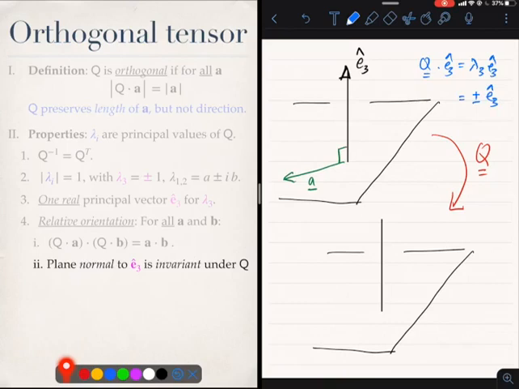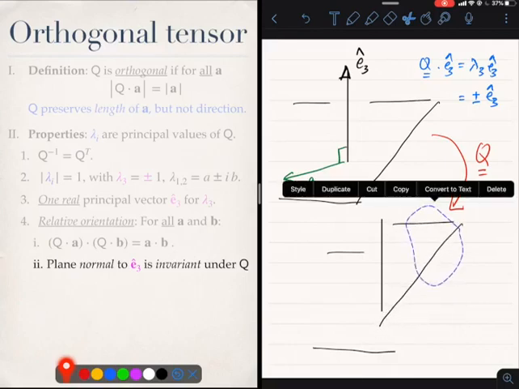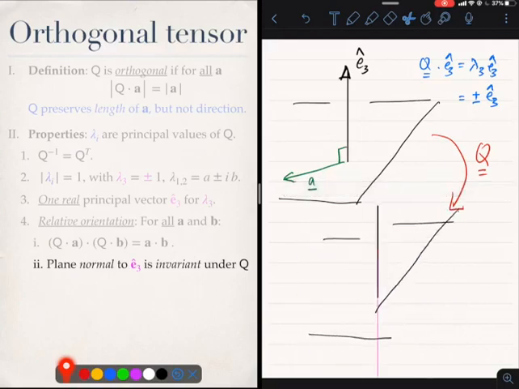So when Q operates, E3 will become either plus E3 or minus E3.